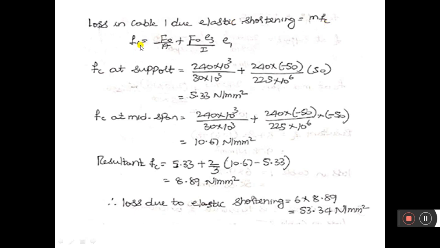So Fc, the formula is the same. Here it is E3 and E1 because we are considering losses in cable 1 when cable 3 is pulled and anchored. So compressive stresses in the concrete when the eccentricities at the support are minus 50 mm and plus 50 mm.